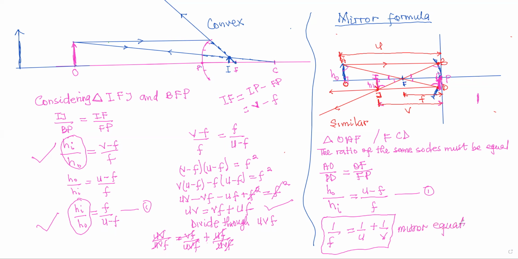So we have derived the famous mirror equation: 1 over F is equal to 1 over U plus 1 over V, where F is the focal length of the mirror, U is the object distance, and V is the image distance.